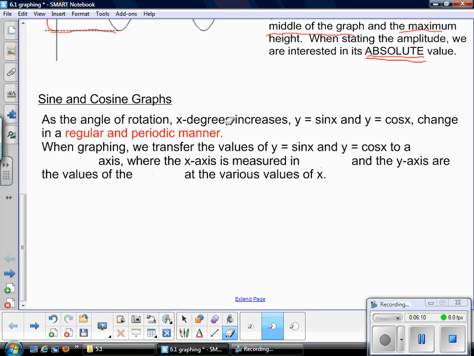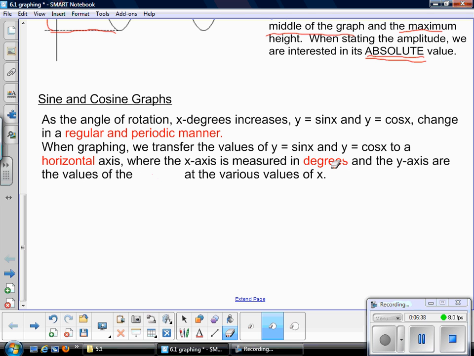We know that because of coterminal angles, as we go around, they have the same values. So that's where we get a regular and periodic manner. So when we graph, we transfer the values of y equals sine x and y equals cos x to a horizontal axis where the x-axis is measured, for us, in degrees.